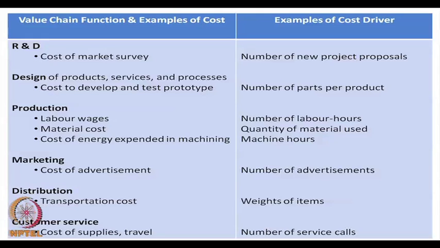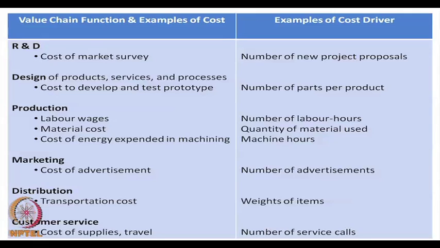The next in the value chain is the actual manufacturing process or production. Once the products are manufactured, they are distributed and sold, and finally, when these products are in use by the users, service must be given to see that it functions as desired.